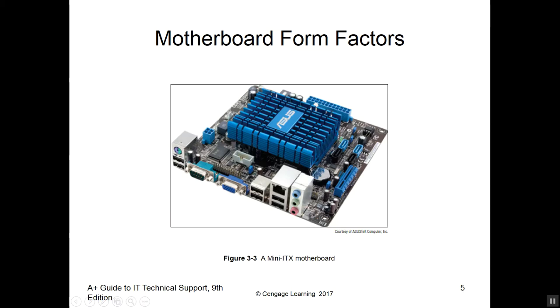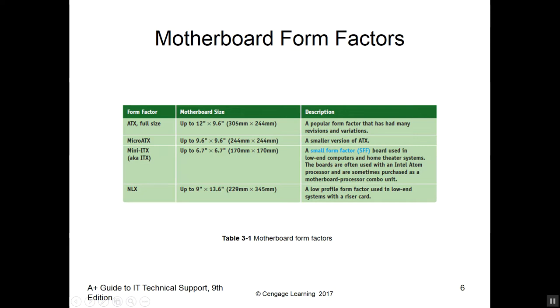All right, so I'll show you some different examples. So here's a mini ITX. It's quite small, and there are integrated components on the motherboard, whether it's sound, video, or network, integrated in. So when it comes to motherboard form factors, here are the dimensions. One of the things that we need to keep in mind is the holes in an ITX, or a mini ATX.